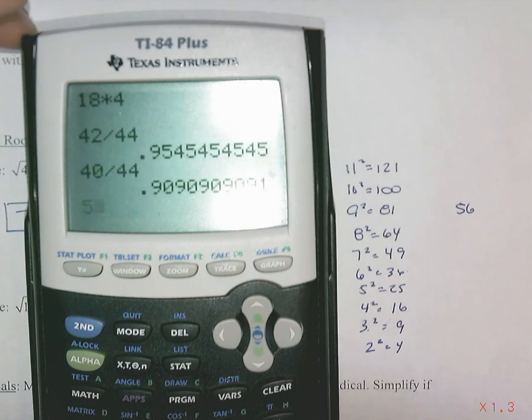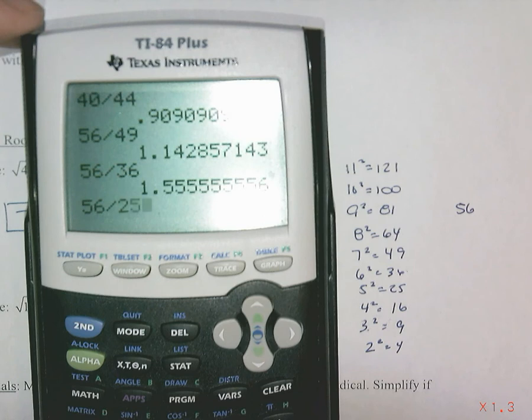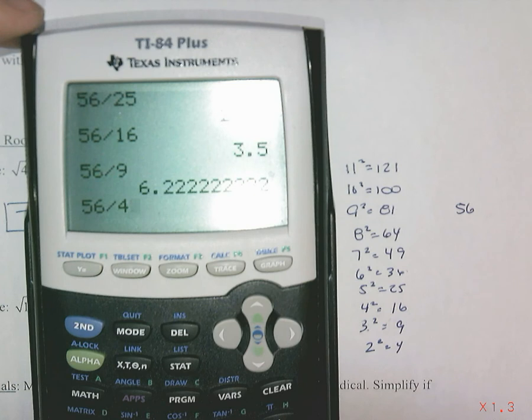If I take 56 and divide it by 49, I get a decimal. 56 divided by 36, decimal. 56 divided by 25, decimal. 56 divided by 16, 56 divided by 9, 56 divided by 4. So there I've got it.